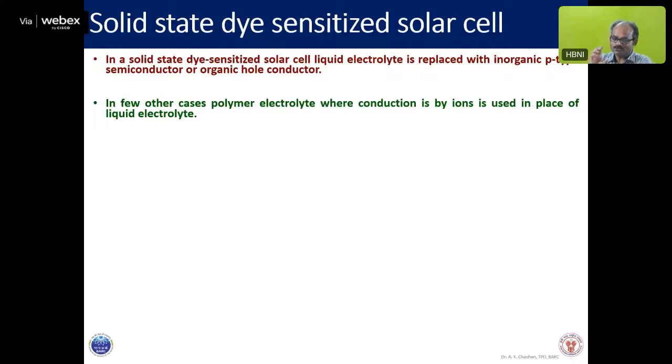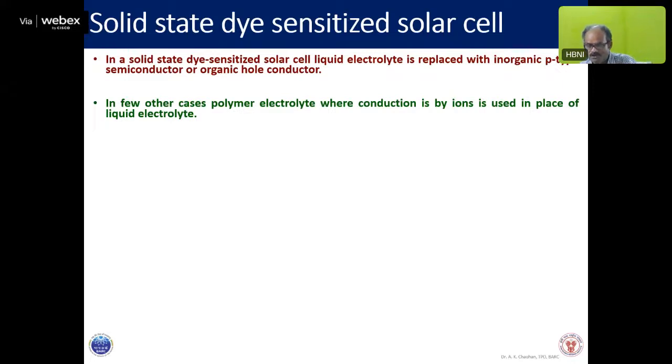Why should it be a hole conductor? Because the job of the electrolyte was to compensate the hole which was created when light was absorbed by the dye and the electron went up and was collected by TiO2. So this hole which was left has to be compensated.